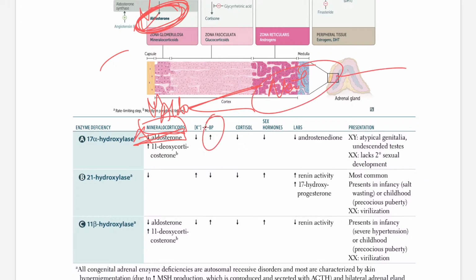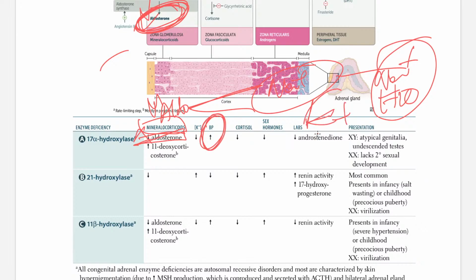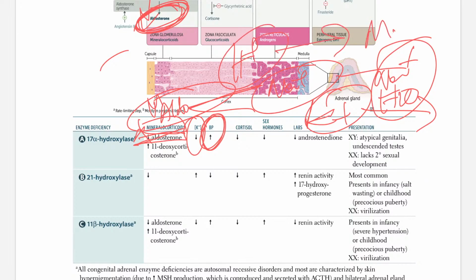So you have increase in blood pressure because whenever the sodium goes, the water follows, right? That causes hypertension, which is blood pressure rise. Potassium, you're losing potassium with the high aldosterone, so low potassium. You're also losing hydrogen ions, and that's going to cause metabolic alkalosis because it is acid.